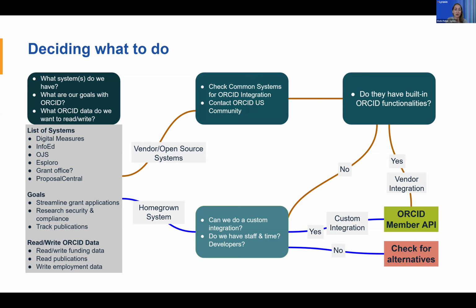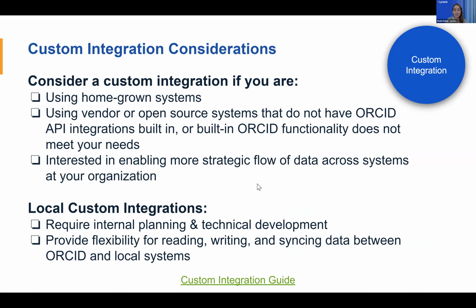But just to give you an idea, things to consider. Again, if you're using homegrown systems, you'll definitely want to do a custom integration. Vendor or open source systems that maybe don't already have the ORCID API functionality built in, or maybe that functionality doesn't meet your needs fully, that's a good case for considering to go custom.